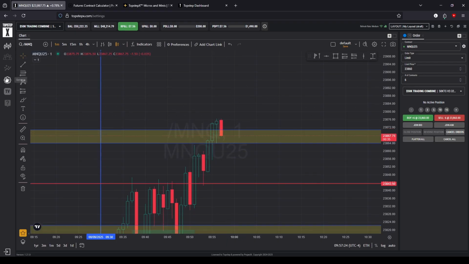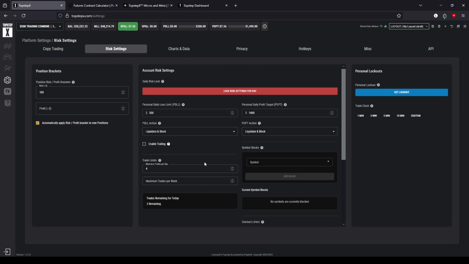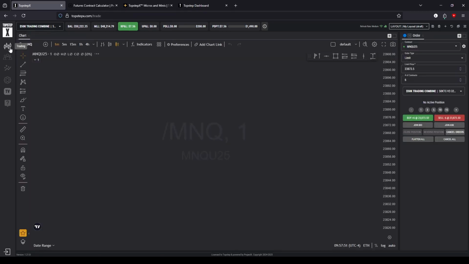But I need to figure out why this thing took me out. I might just get rid of it and set it manually. Yeah, I have no idea why that exited me right away.